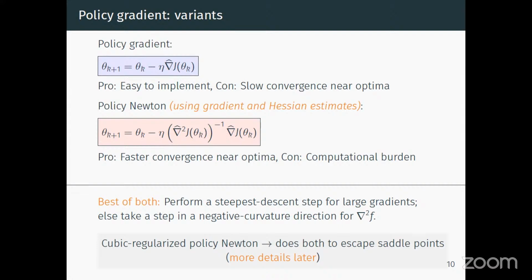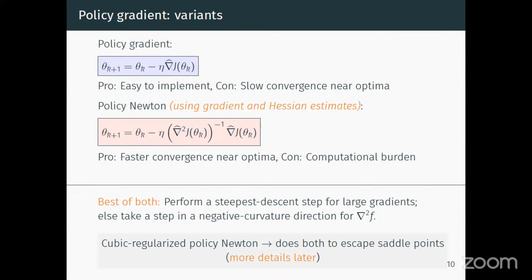And there is cubic regularized Newton, which is based on cubic regularization by Nesterov and Polyak in 2006, I think. This is an algorithm that gets to this best of both worlds and also escapes saddle points.